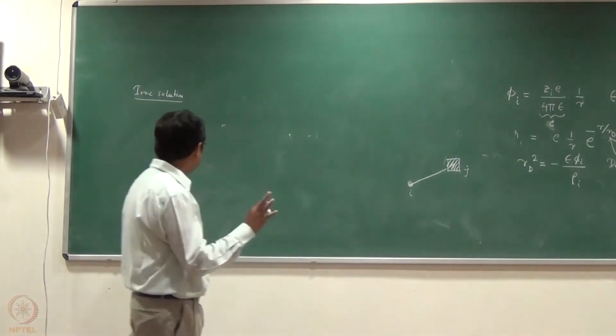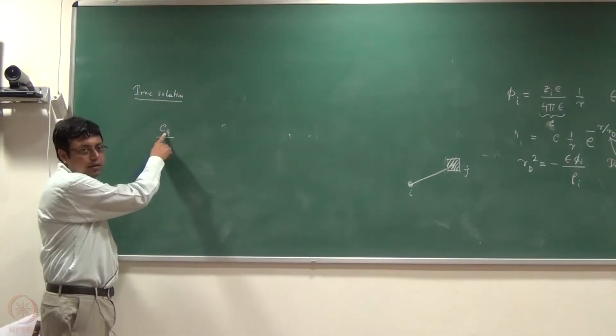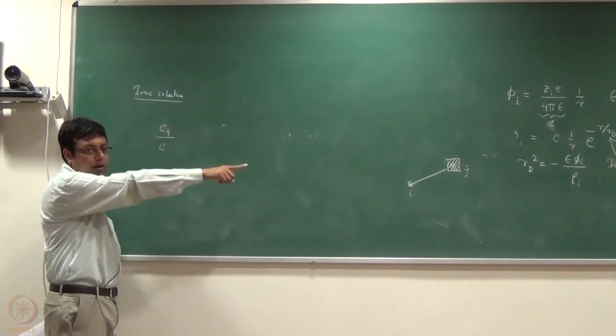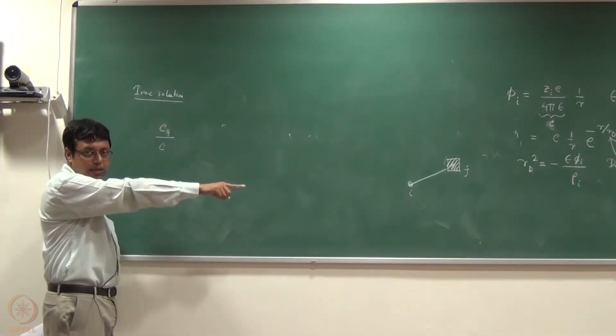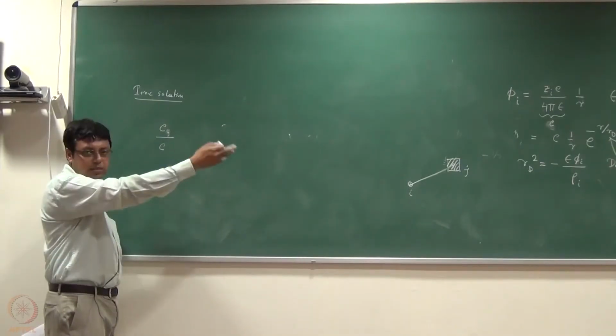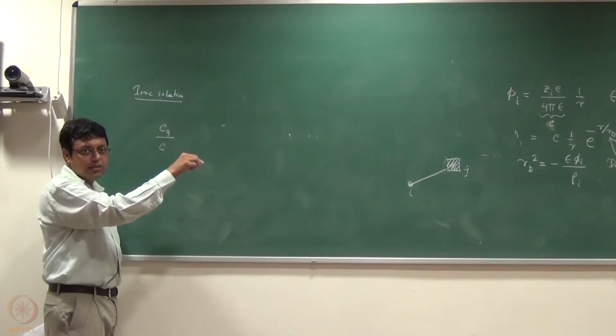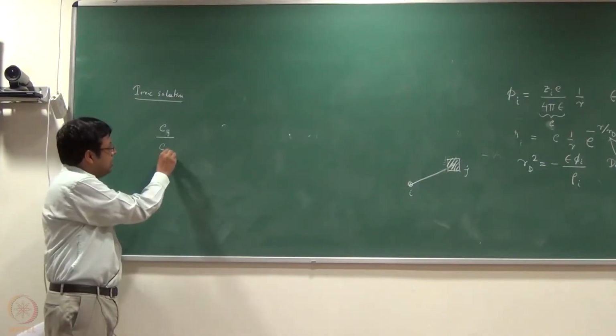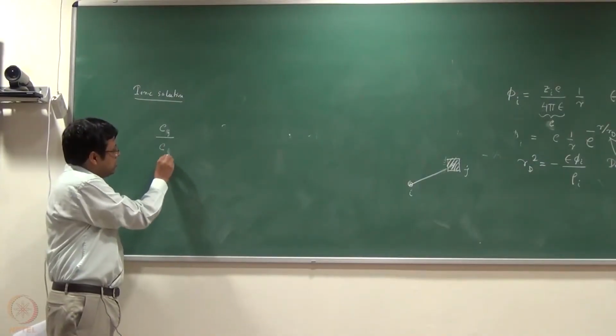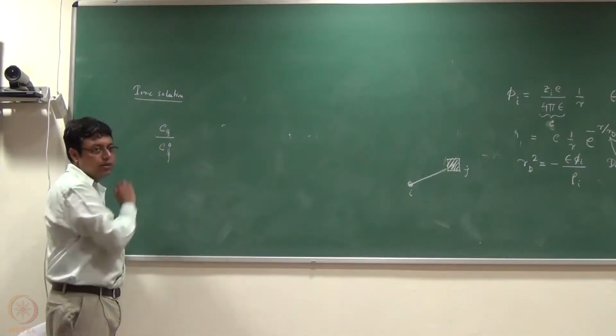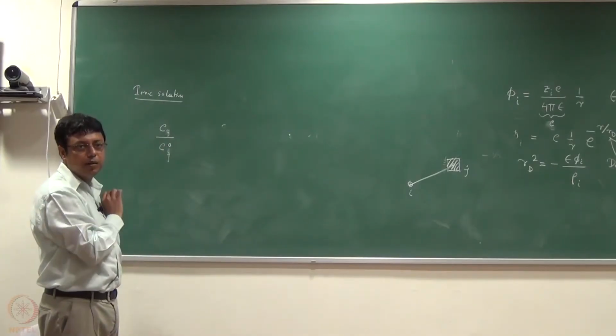Now what I am conjecturing here, this thing, Cj, which is basically the concentration of the species J at some distance from that central thing which has a species I, this ratio to the bulk concentration will be proportional to the Boltzmann factor.